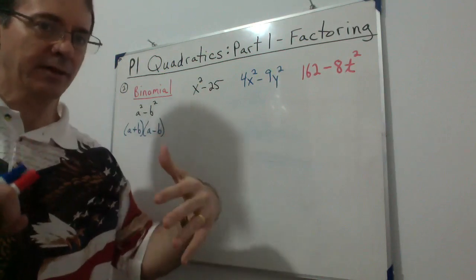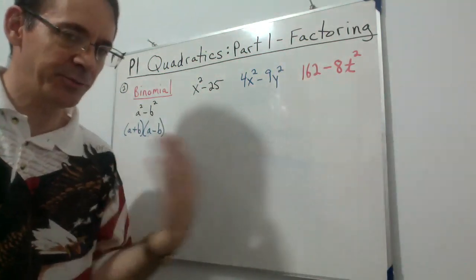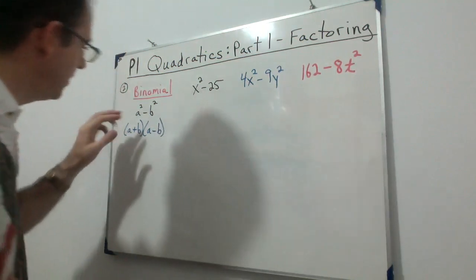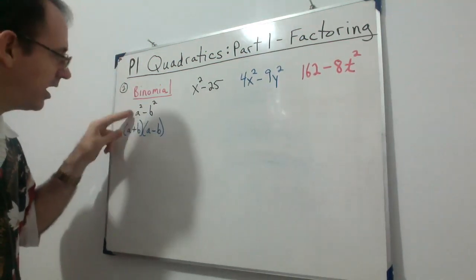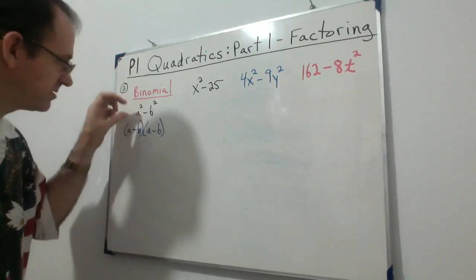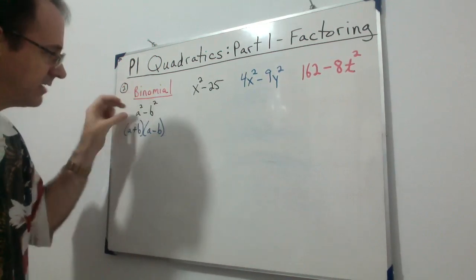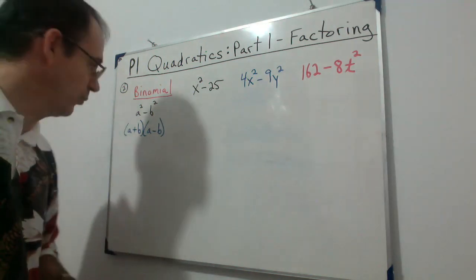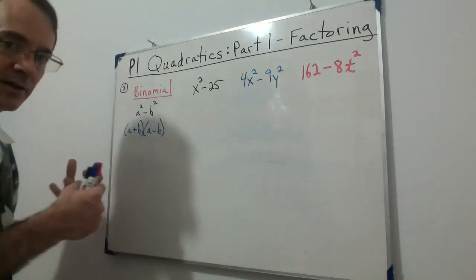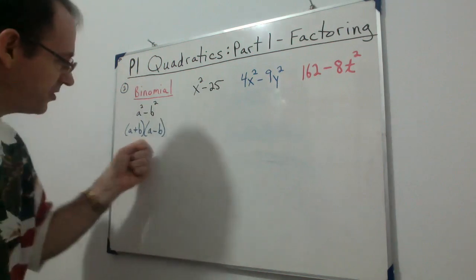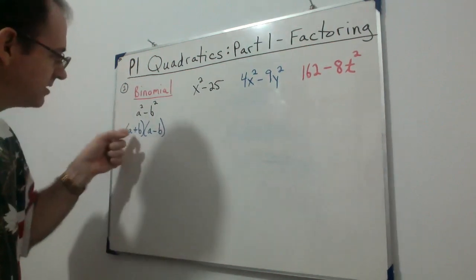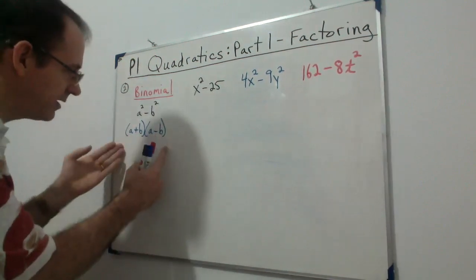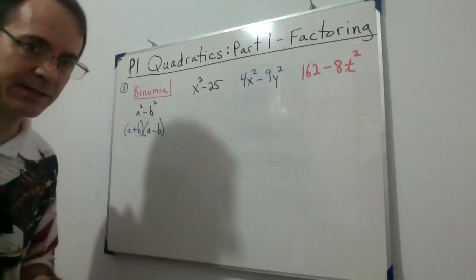You'll have to figure out something else to do, but you won't be able to factor it if there is a plus sign. So it is a difference of squares. It means both sides of that subtraction sign should be a perfect square. And if they are, then this is your pattern. A plus b times a minus b, those become the factors of your binomial.